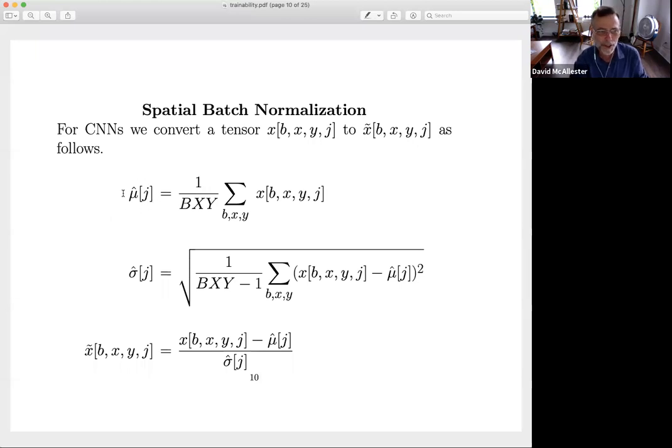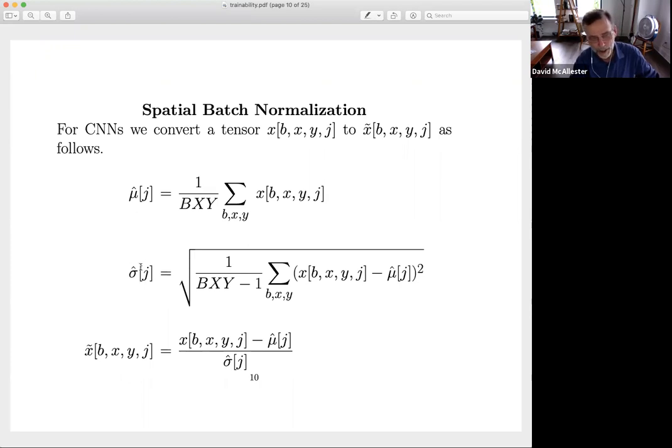So what that means is you calculate a mean by summing over the batch, but you also sum over the XY coordinates of this neuron's tensor. This J is really naming a neuron, and it's the same weights being used everywhere across X and Y. So we get a batch and spatial mean for the neuron J, and a batch and spatial measure of the variance.